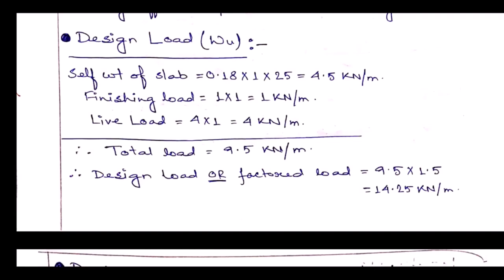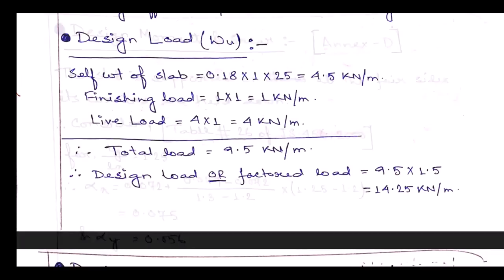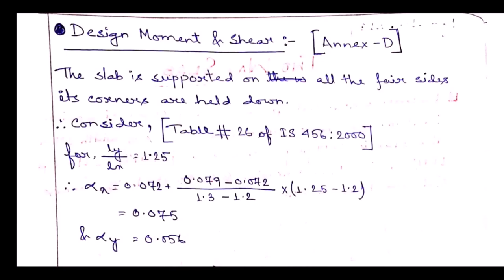So factored load will be 9.5 into 1.5, that is equal to 14.25 kilonewton per meter. This is factored load. So the next step is design moment and shear. For this step, first of all, we have to get the knowledge of Annex D of IS 456/2000. So let's check it out.